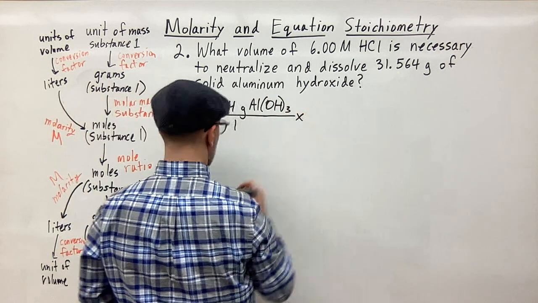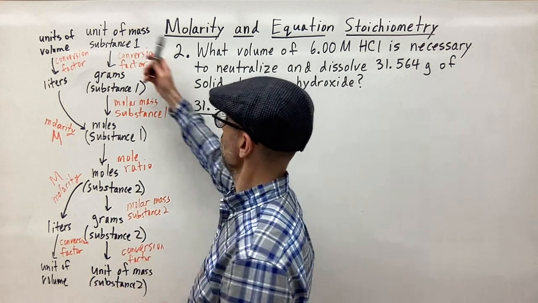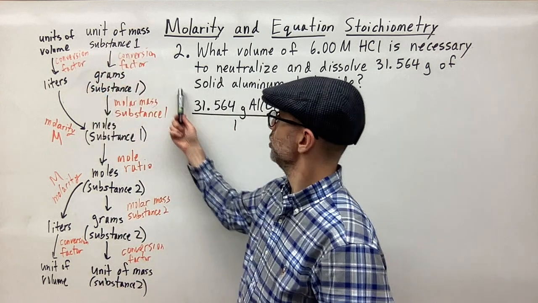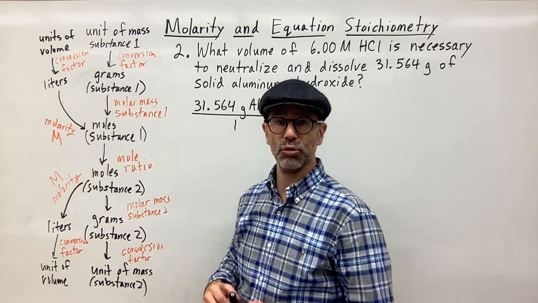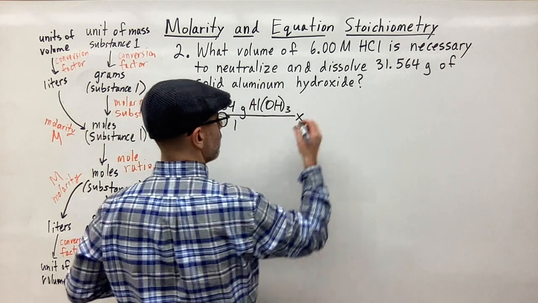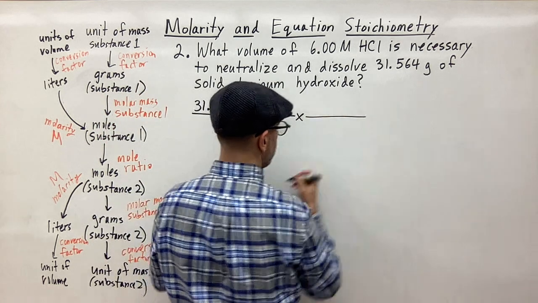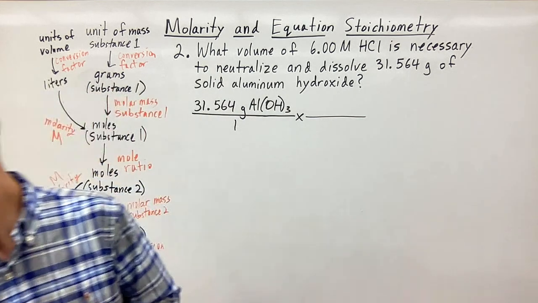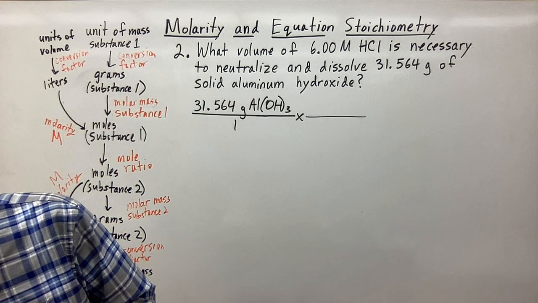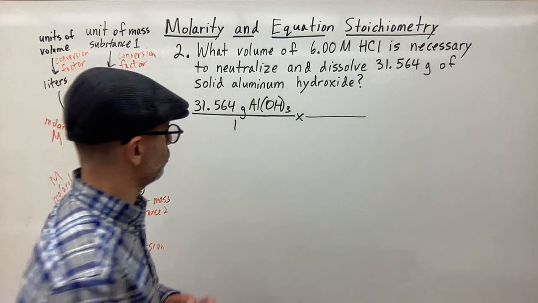Where are we starting on our roadmap? We're starting with grams of substance 1. So we're going to convert that to moles right away using molar mass. I need the molar mass, so you have to calculate the molar mass using your periodic table. Here I calculated 78.0036.